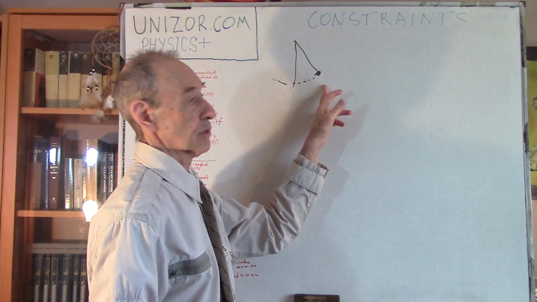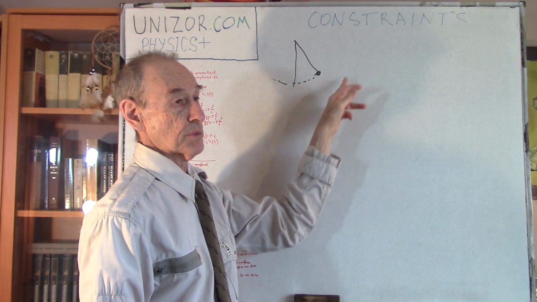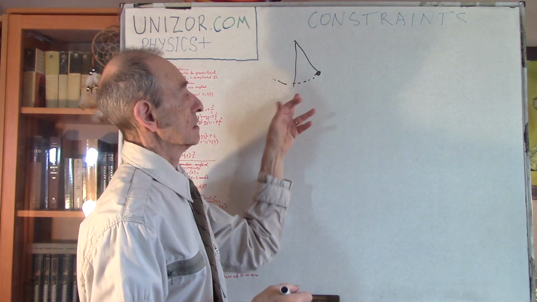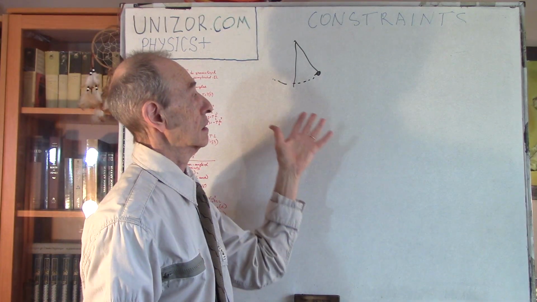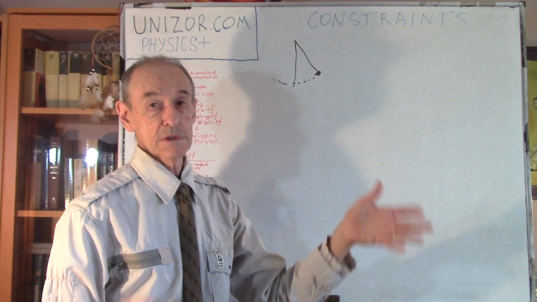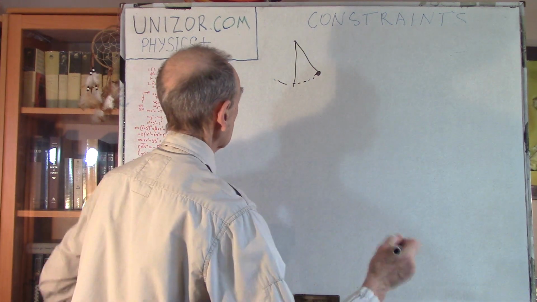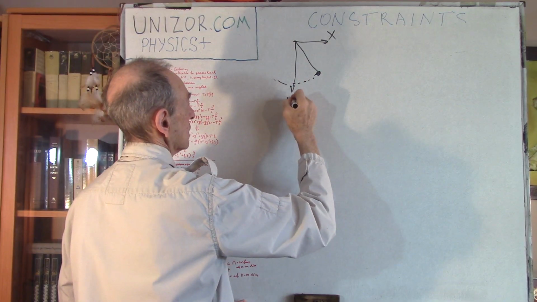Well, mass times the second derivative of x is supposed to be the projection of all forces on the x-axis, and mass times the second derivative of y is supposed to be equal to the sum of all forces projected on the y-axis. All right, great. So this is my x-axis, this is my y-axis.